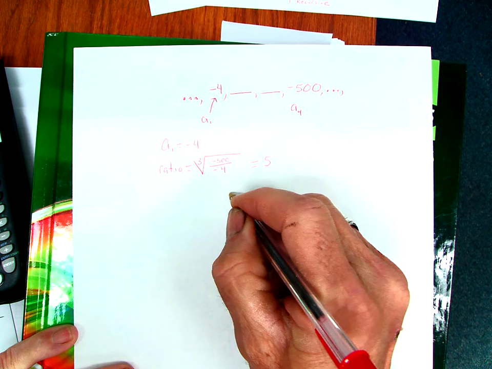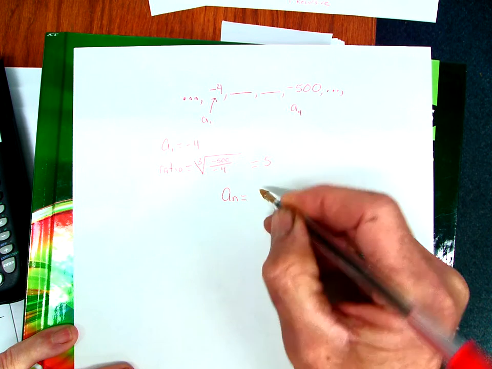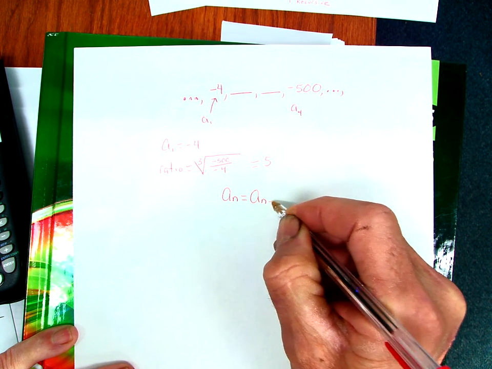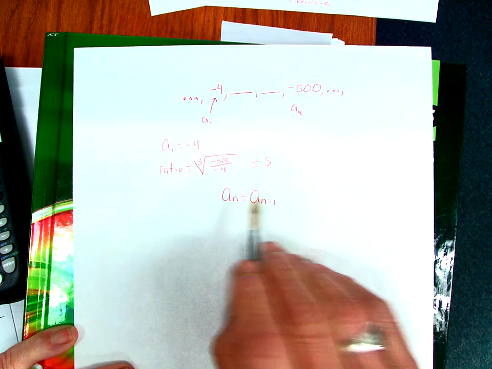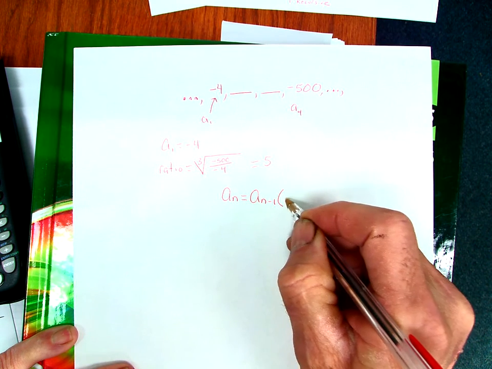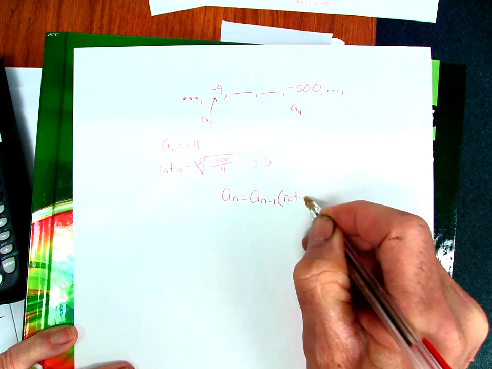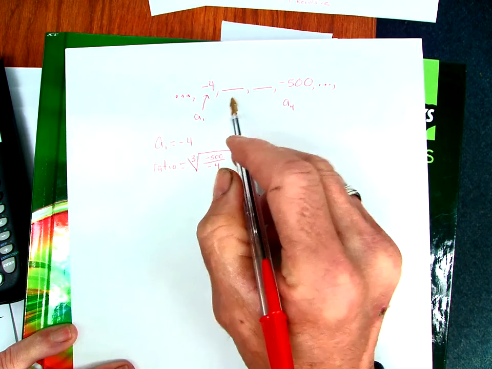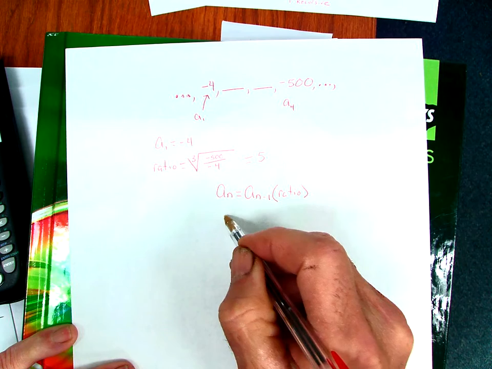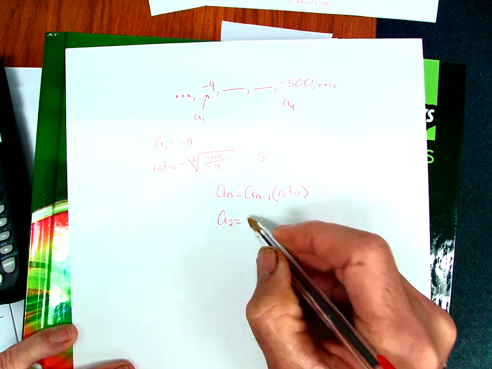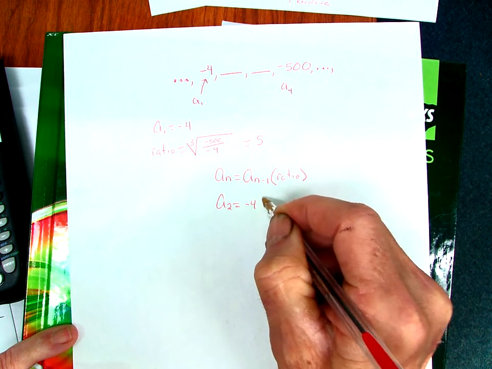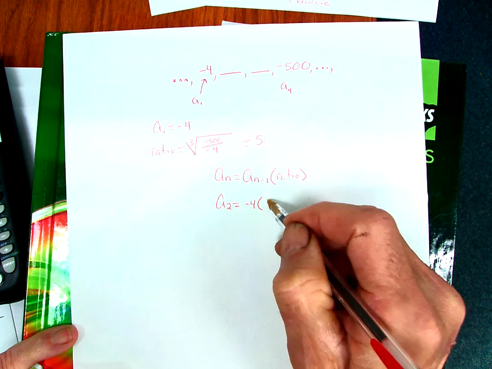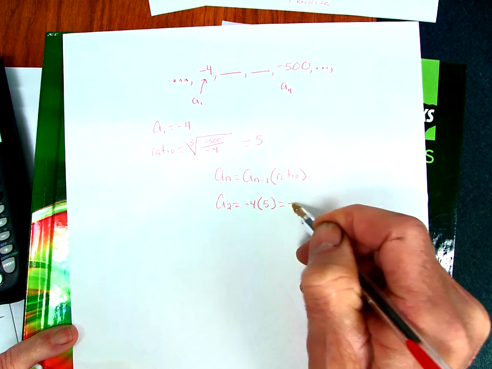The recursive is a sub n equals a sub n minus 1, which just means the number that comes before this one times the ratio. I'm looking for a sub 2, so it's going to be a sub 1, which is -4, times my ratio, which is 5, -20.